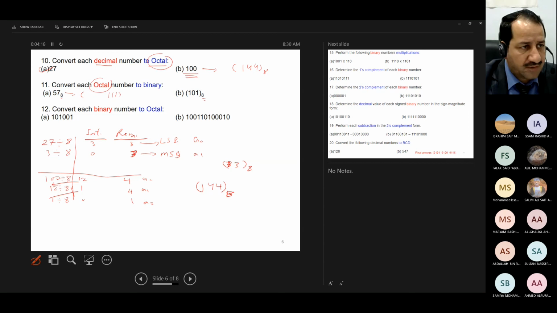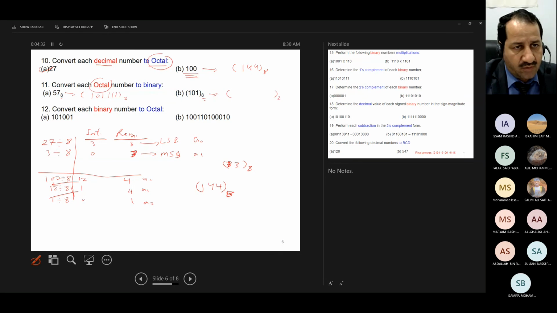And what about 5? 1, 0, 1. Excellent. This is the binary. Now what about this one? Let's work together. 1 will be 1, 0, 0. And 0 will be 0, 0, 0. And 1 will be 1, 0, 0.